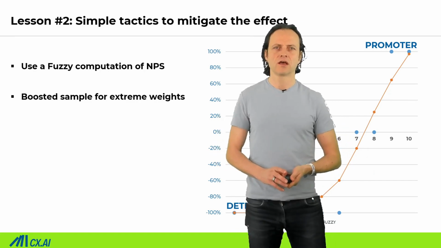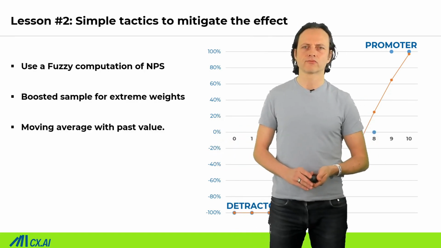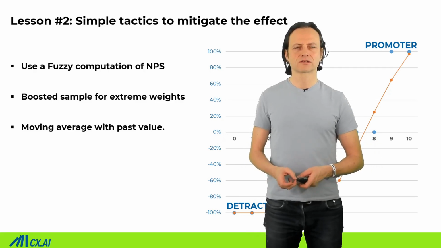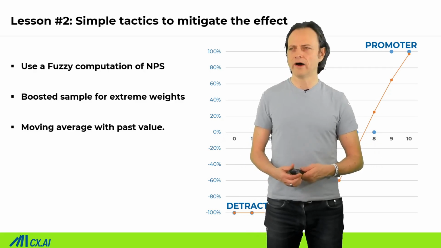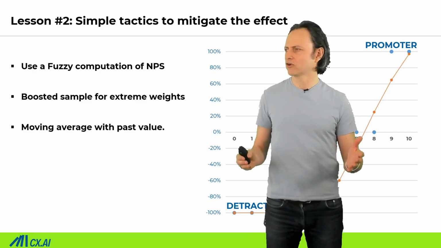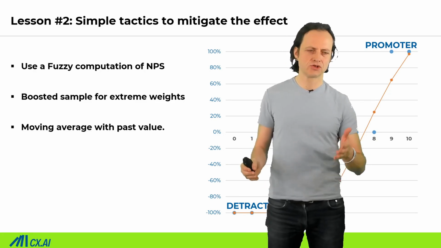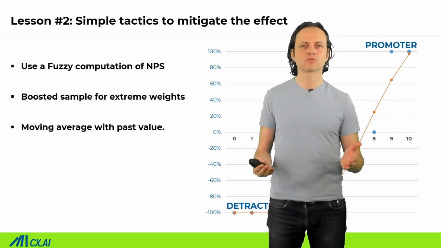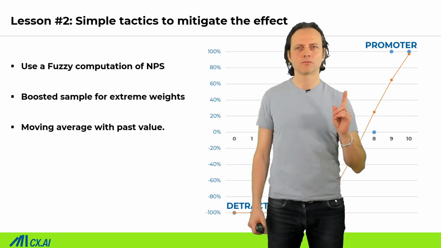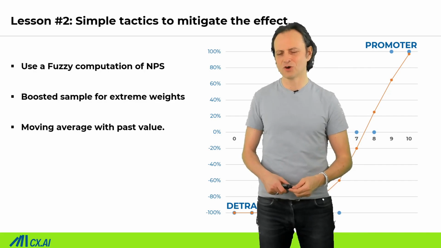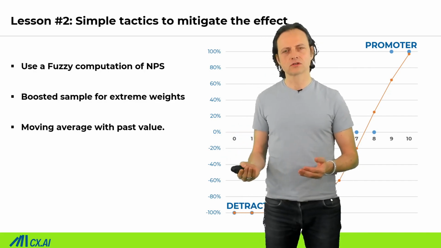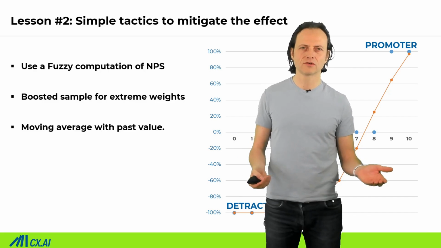You could compute the moving average with past values. Why? You may say, I cannot average out the new with the old value. This would be a wrong value. But hold on, because neither the old nor the new value are truths.